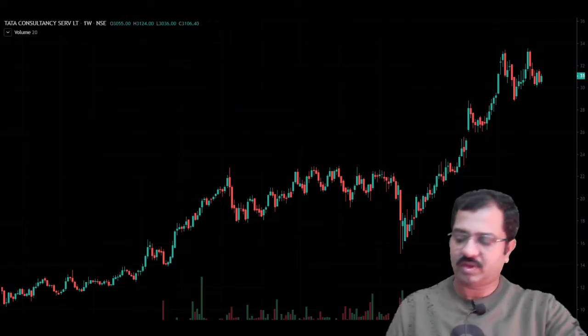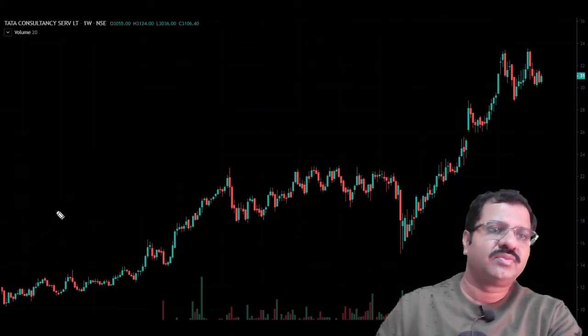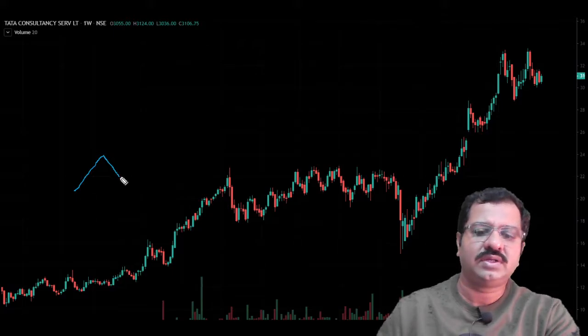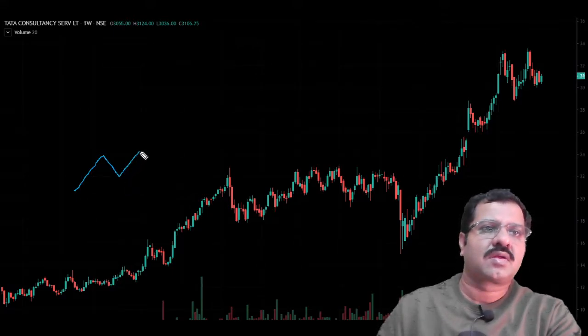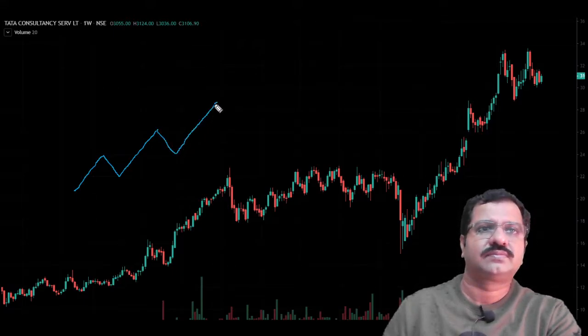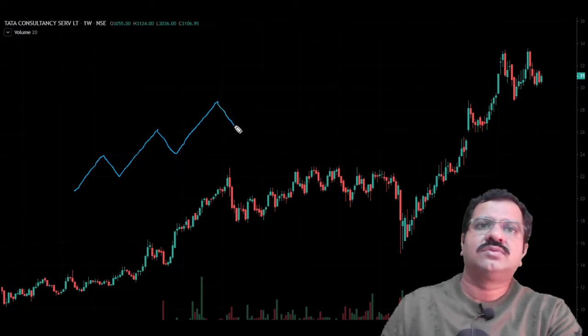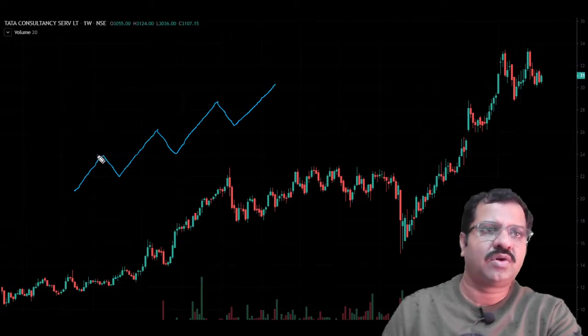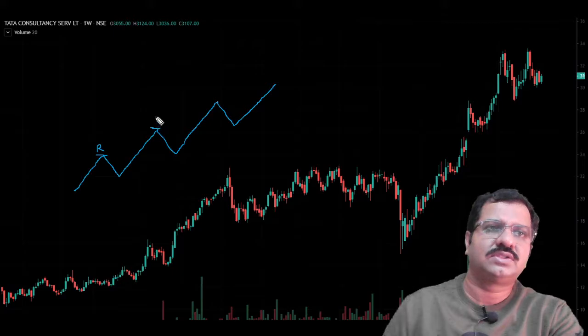Now see, what generally happens is, if price is going up, suppose it is in an up move and going up like this, you will observe that you already know this is a resistance point, this is a resistance point, and this is a resistance point.